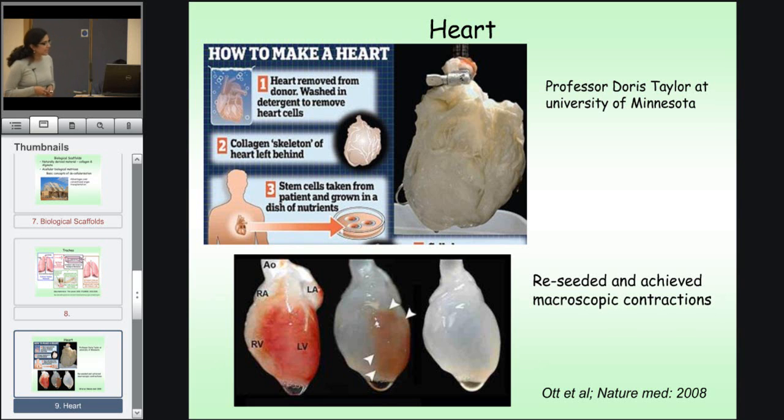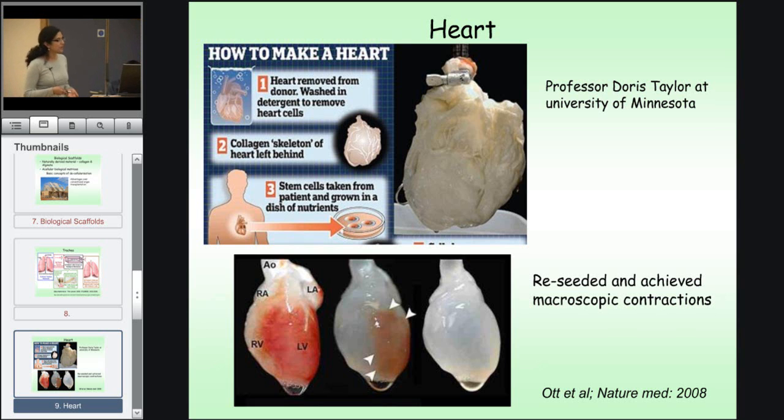Here you can see images of the rat heart as it's slowly being decellularized. Here a little bit of the cells are still remaining, and as they're washed out, finally you're left with this, what she calls her ghost heart, which is basically just collagen and elastin. The next step was to see if they could reseed the heart. It's all very well having a scaffold, but you've got to produce a piece of functional tissue.